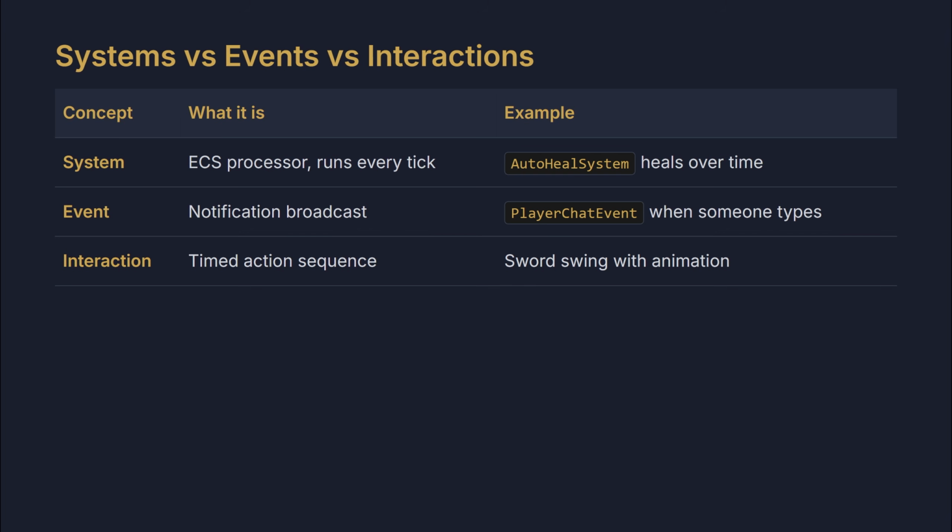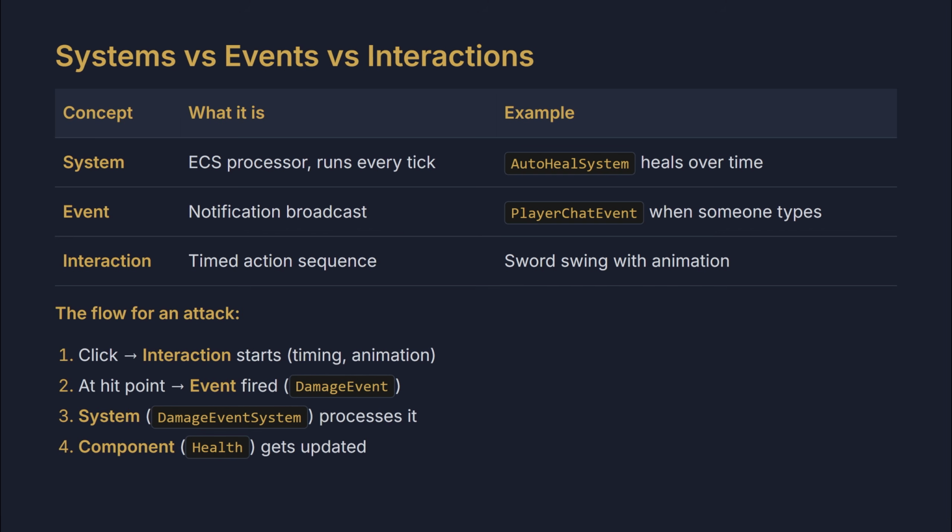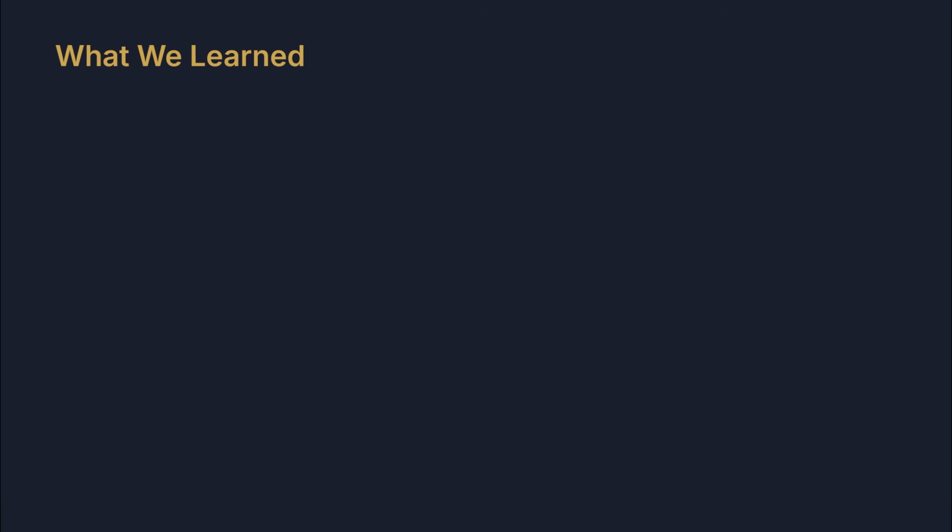We have an event, which is a notification broadcast, like a player chat event when someone types. Or we have an interaction. It's a timed action sequence, for example, when a sword swings with an animation. The flow for an attack: interaction starts, at hit point the event is fired, the system processes it, and the component health gets updated.